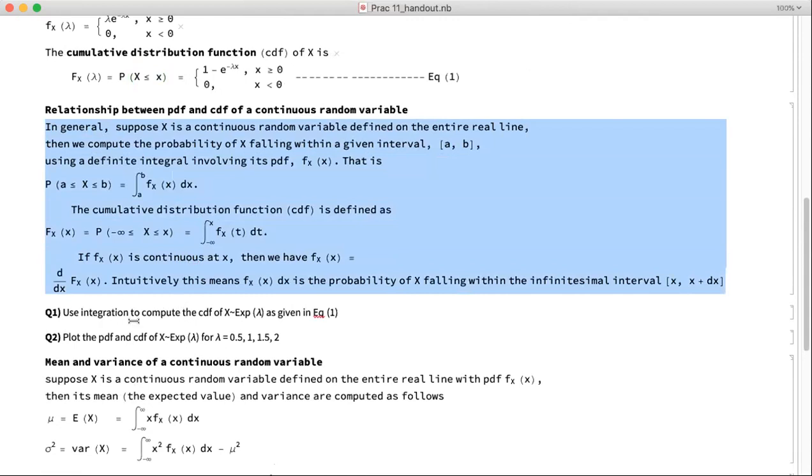Use integration to compute the CDF of the exponential X, distributed as exponential with parameter lambda, given in equation 1. How are you going to do that?